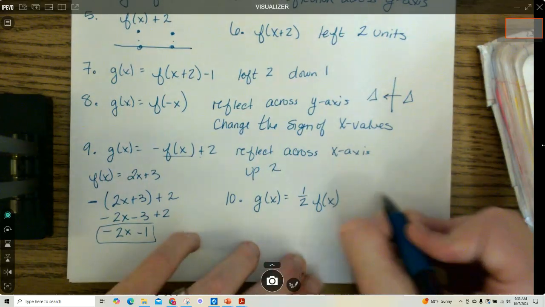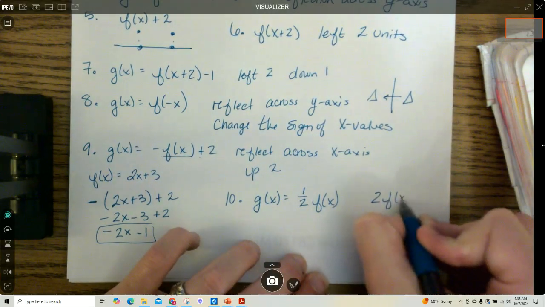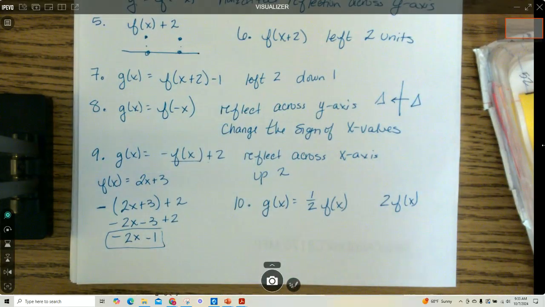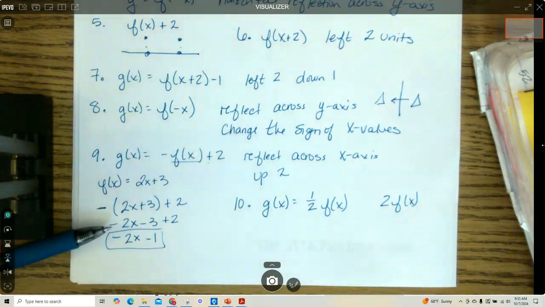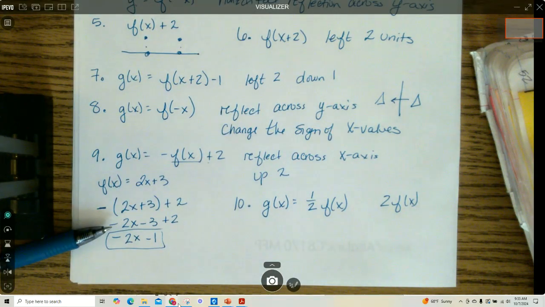Fractions compress, and I have to remember that it depends on which way the compression is.